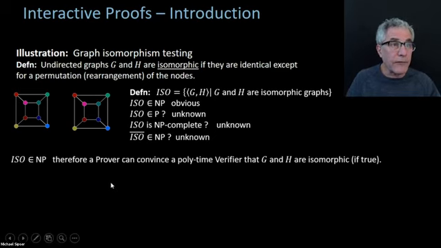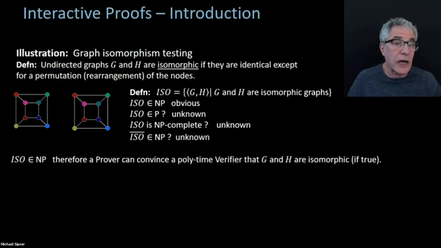So if you have a problem that's in NP, a prover can convince a polynomial time verifier that strings are in the language if in fact they are. In the case of the ISO problem, a prover can convince a polynomial time verifier that graphs are isomorphic just by exhibiting the isomorphism.